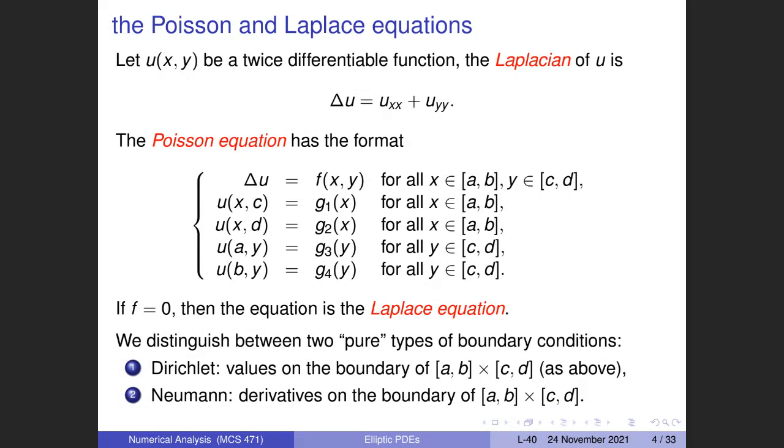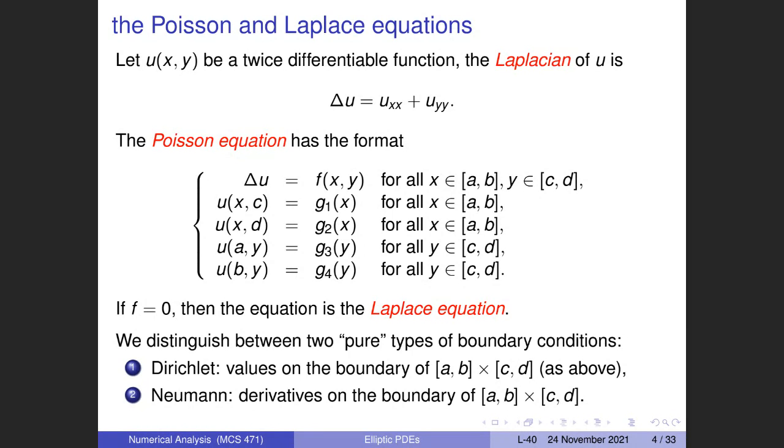Here is the general format of the partial differential equation. We also have a very specific notation, the delta, to denote the sum of the 2 partial derivatives with respect to x and y, twice.